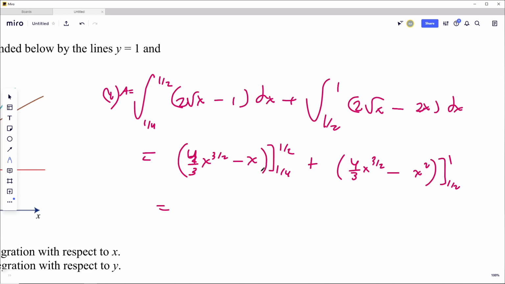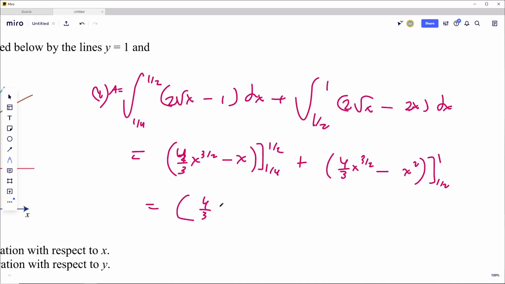This is annoying though. I can kind of do it mentally, like doing this 4 over 3 times. It also sometimes helps with the calculator if you want to type it. Instead of typing this and this, you can just type this 4 over 3. It's lagging a bit. This is nothing but x times square root of x, so it's half times the square root of half, so 1 over the square root of 2.